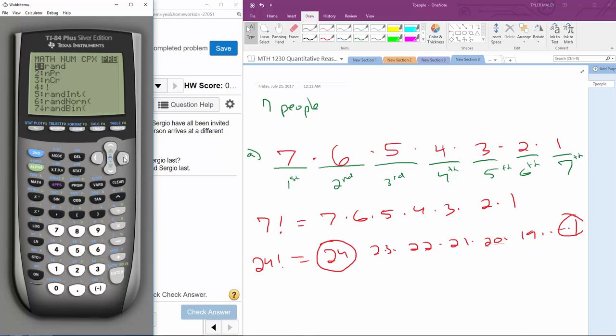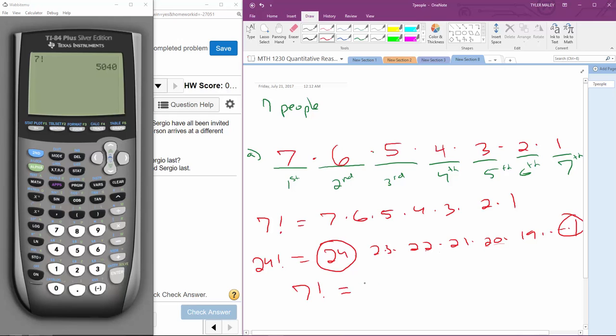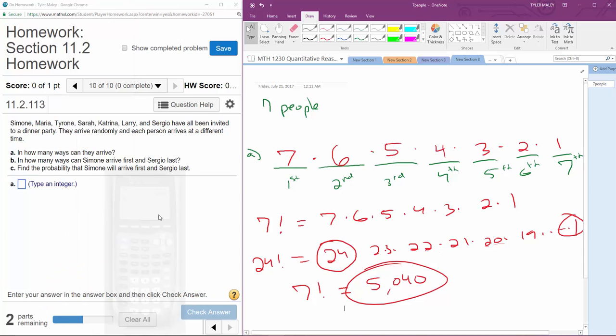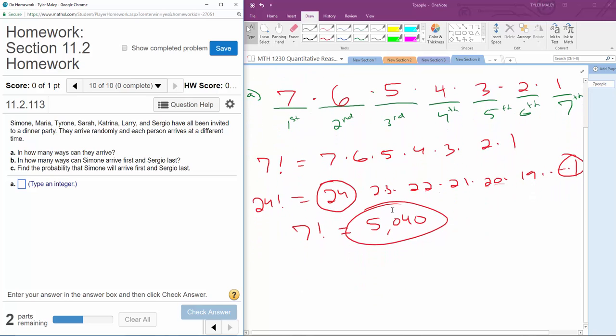Option 4 is my factorial. If I hit enter, there's 7 factorial. 7 factorial is equal to 5,040. So that is my answer for part A: there's 5,040 different ways that these people can arrive.